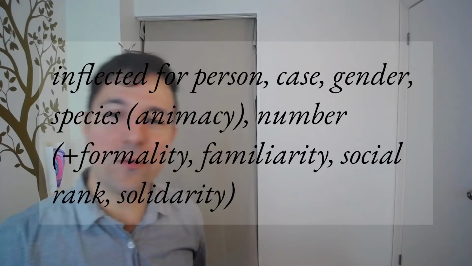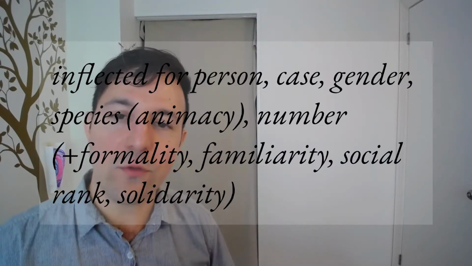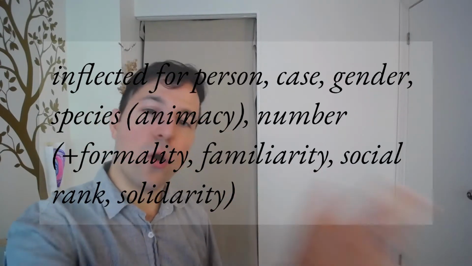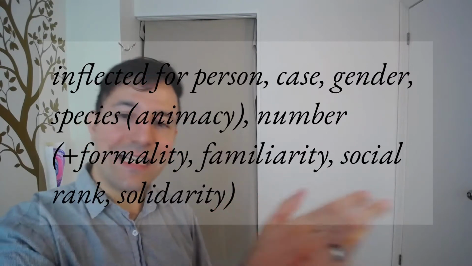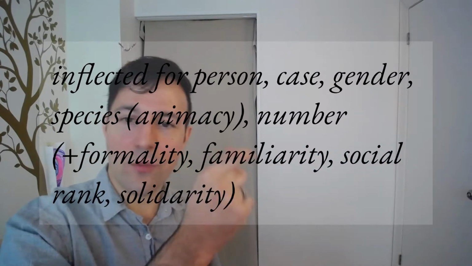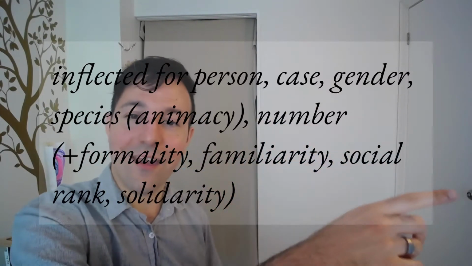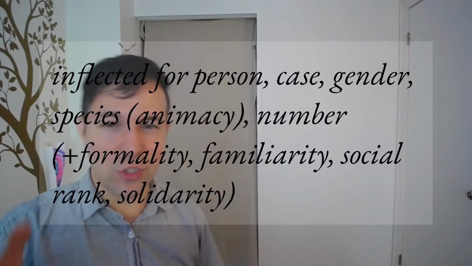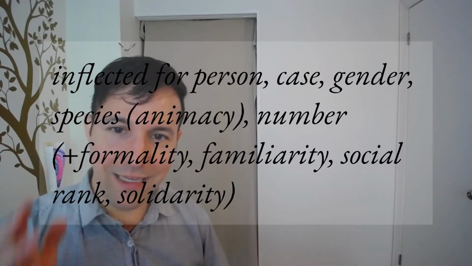Animacy. This is the term that is conventionally used to differentiate referring to a person with pronouns like he, she, or they, and referring to an object, to an inanimate object, with pronouns like it.